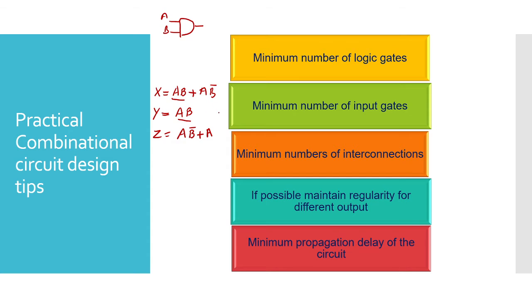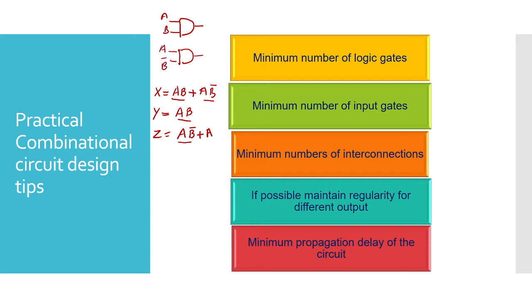Same thing, you see that ab bar is common in x as well as in z. So this is the common term. Once you generate ab bar, it can be utilized for function x as well as function z.